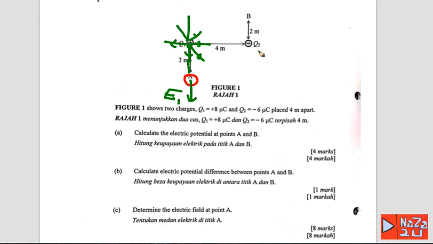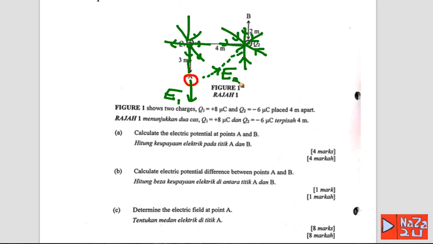And the second charge Q2 is negative. So now the direction of the electric field of a negative charge is toward the center of the charge. So here we have another field, E2, from charge 2.